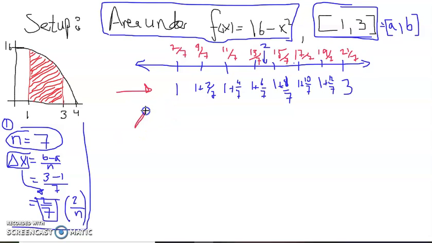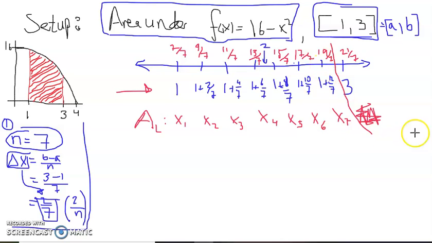So if we are doing a left-hand sum, we are going to choose, notice the left point would be this one would be x1, this one would be x2, x3, x4, x5, x6, and x7, and we wouldn't use this one at all. This is 3. Okay, we don't use 3, it's not a left endpoint, it's a right endpoint.